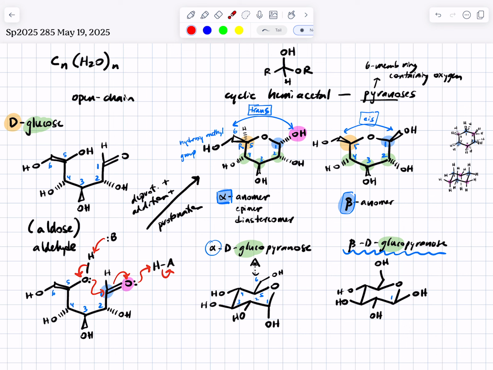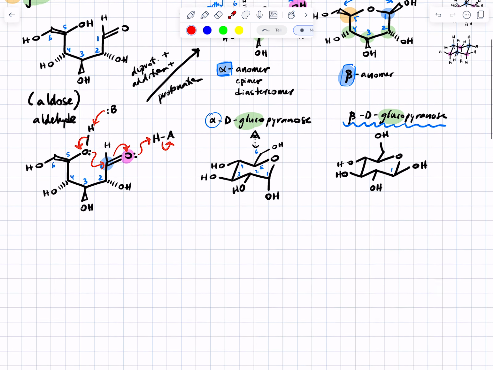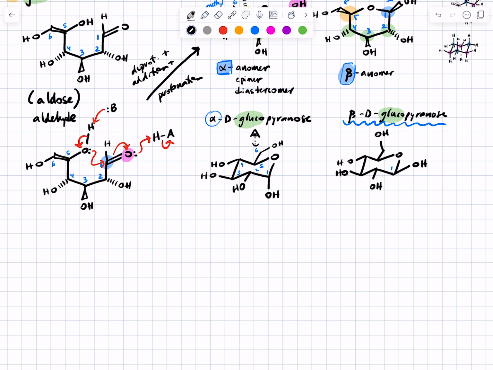Yeah. How would you do the open chain for the different views? Oh, so you want the sort of sideways view of the open chain form, or do you want to just lay it out linearly?